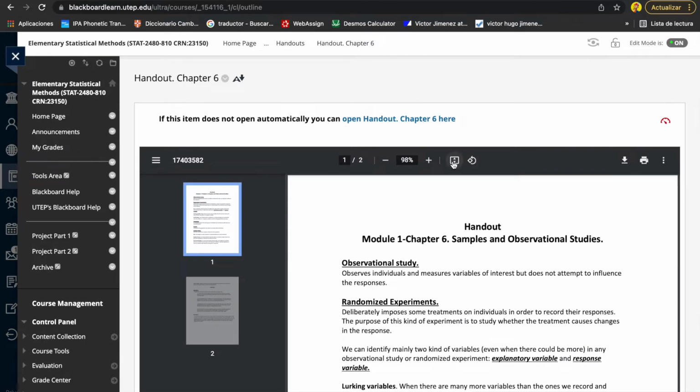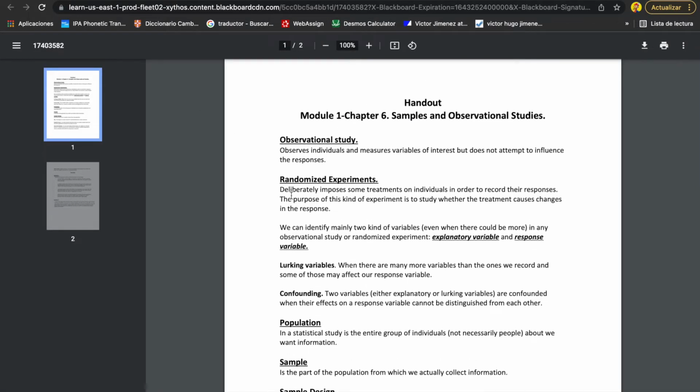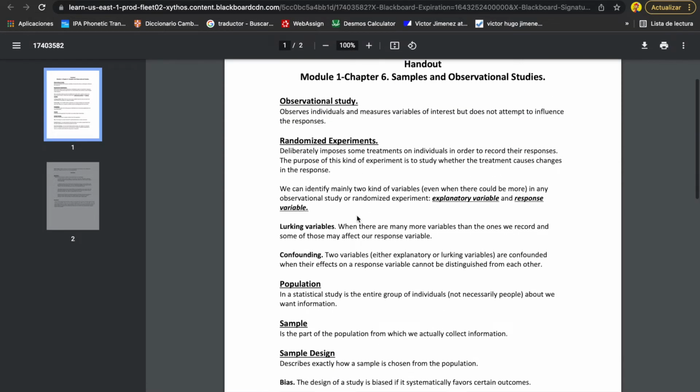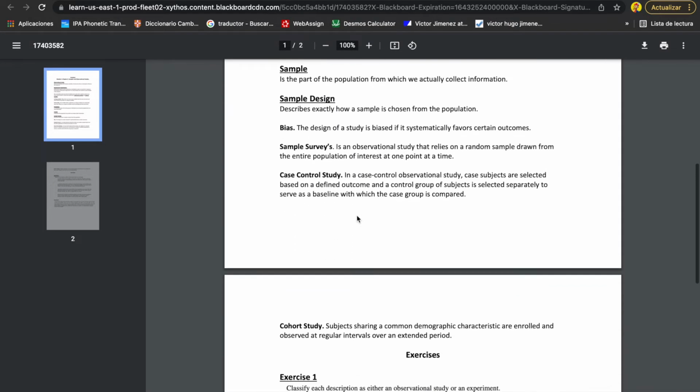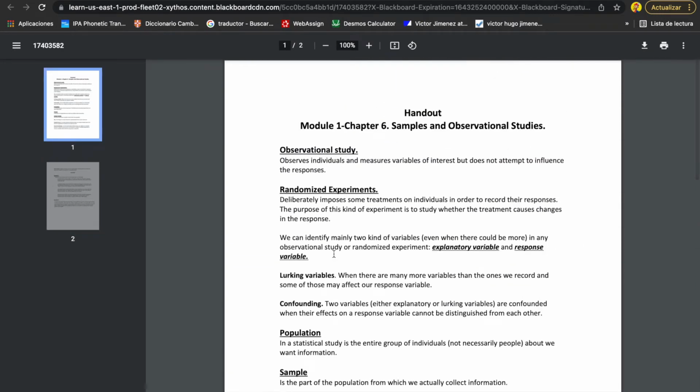And there you have the handout for chapter 6. Let me open it here. This is a summary of the main concepts of this chapter and for which we have to pay attention, right? If you want to use this handout as a summary of the contents of the chapter, that's okay. I will explain the main concepts here.